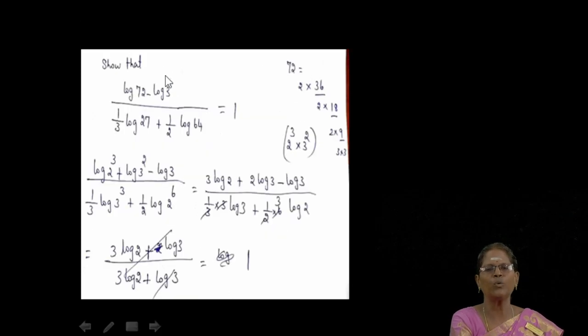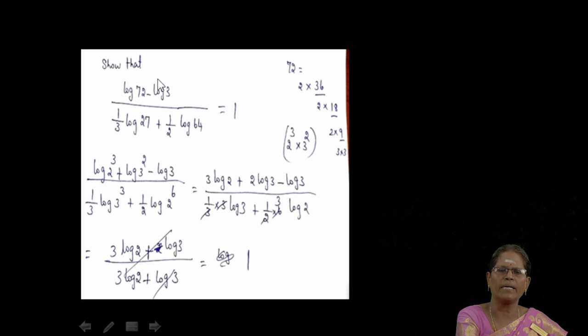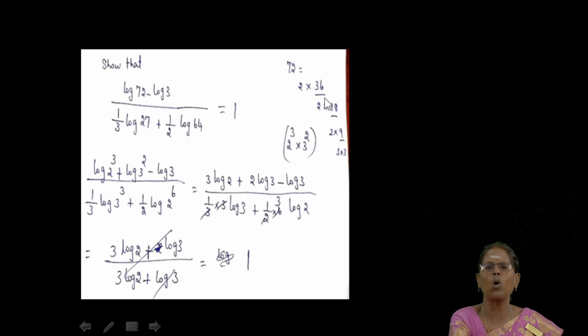Then coming to one more problem. Here also, instead of looking into the log table for a very big log number, log 72, this 72 is split into small numbers.